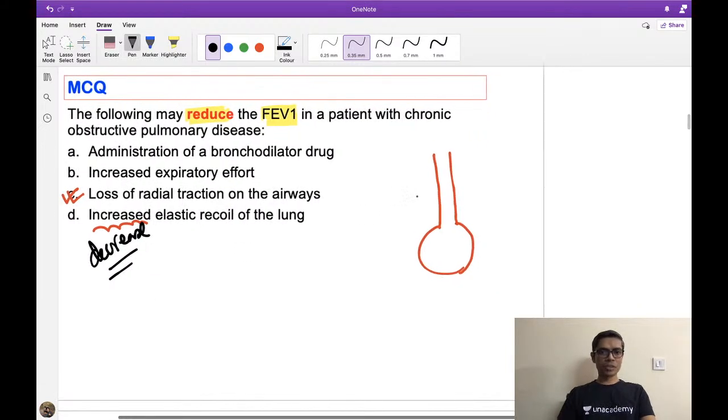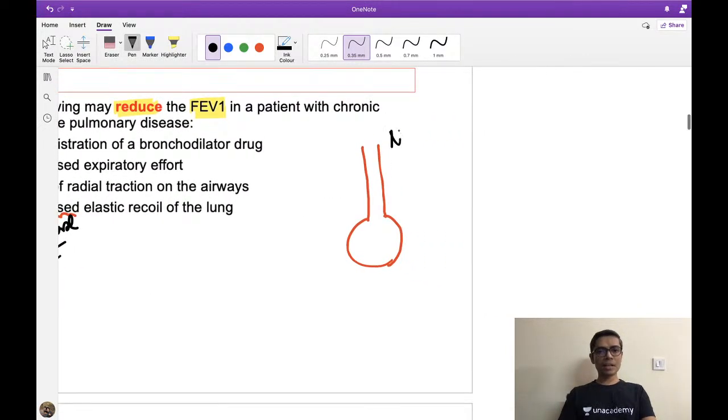So now look, suppose this is a normal alveoli. We all know that a normal alveoli is surrounded by elastic tissue, and this elastic tissue has a recoiling tendency in the inward direction. So this is known as the elastic recoiling of the lung.